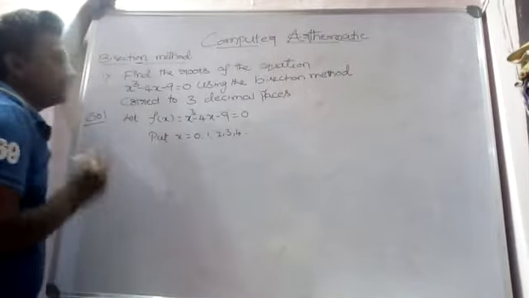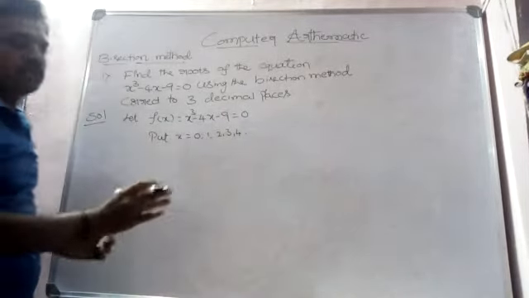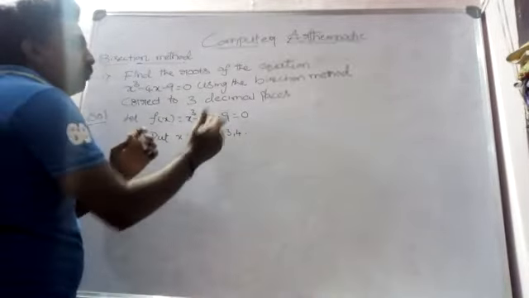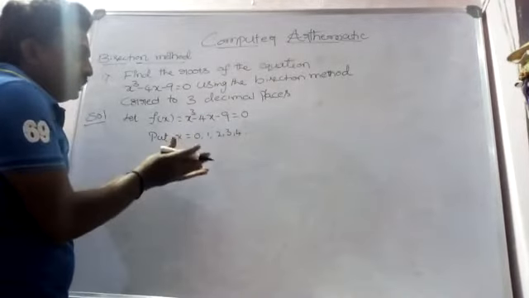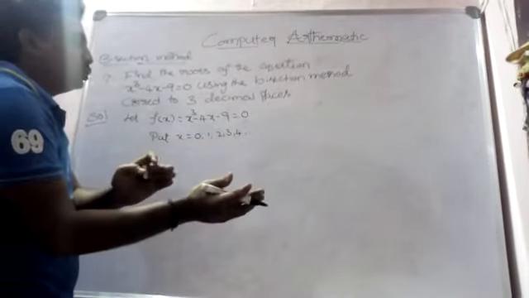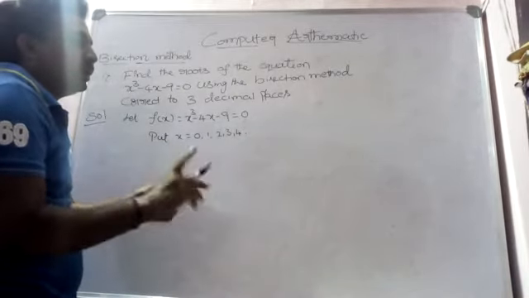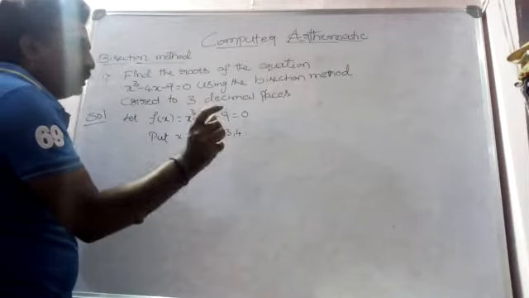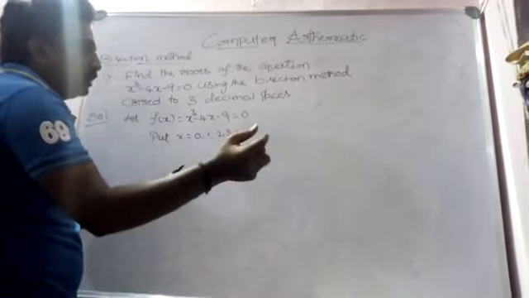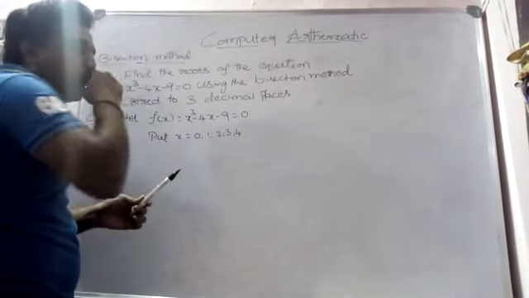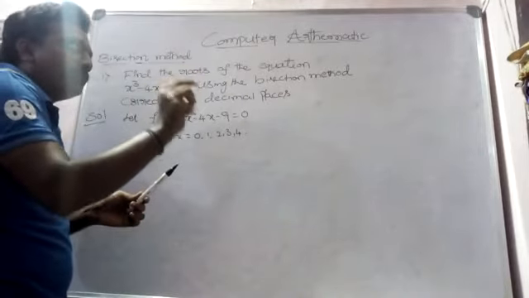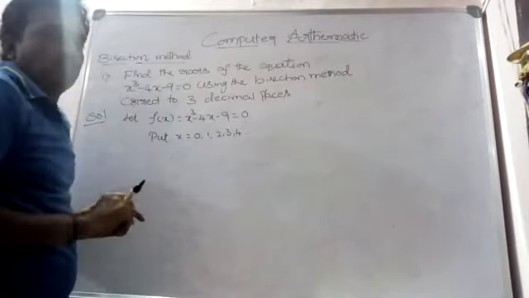Here, 'and so on' means we are not going up to the end. When we get a negative number after a positive number, the two numbers, negative and positive, lie between our roots.